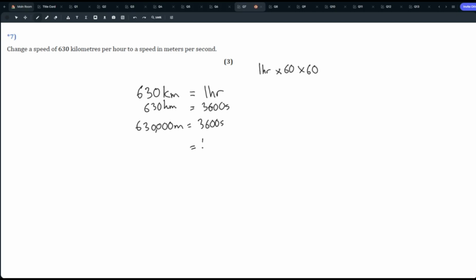So to get to 1 second, I need to divide by 3,600. And whatever I do to one side, I do to the other side. And then if we do that, we get 175 meters. Okay, so that will be our final answer, 175 meters per second.